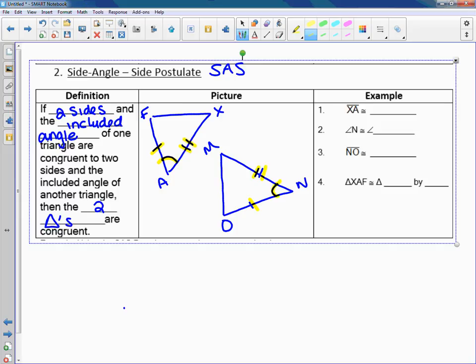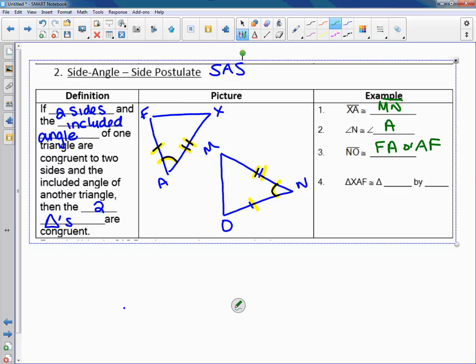Okay? So, XA is congruent to MN. Angle N is congruent to angle A, and NO is congruent to FA or AF, whichever one you want to say.